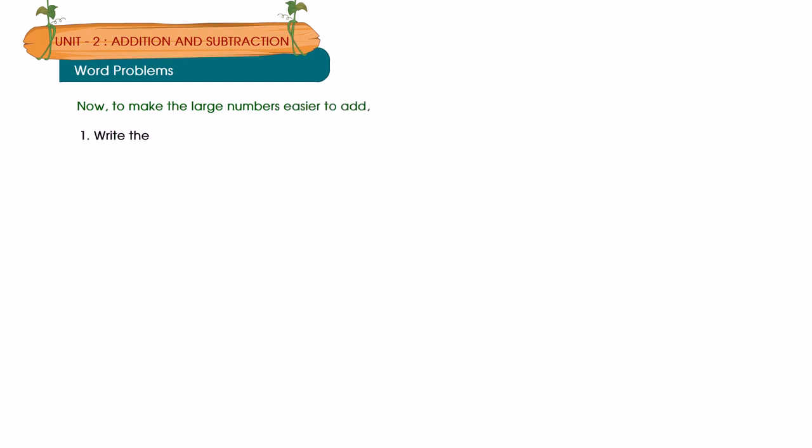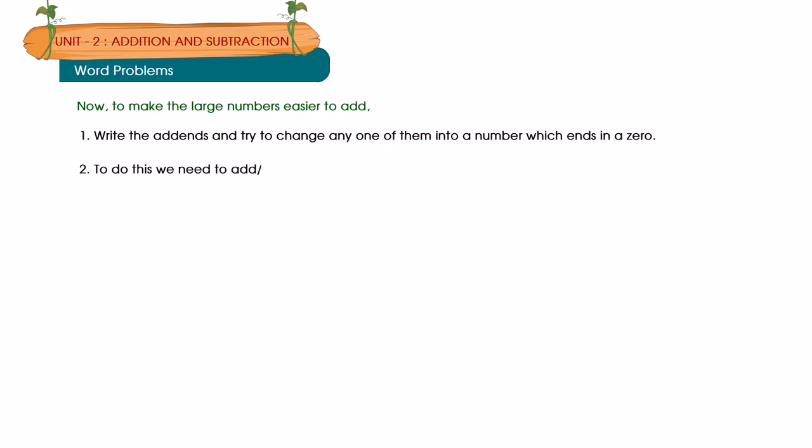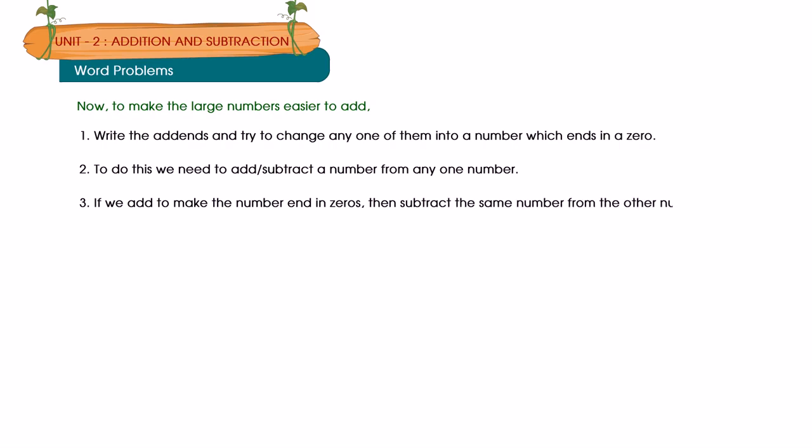Write the addends and try to change any one of them into a number which ends in a 0. 2. To do this we need to add or subtract a number from any one number. 3. If we add to make the number end in zeros, then subtract the same number from the other number. We do this so that the sum does not get affected.